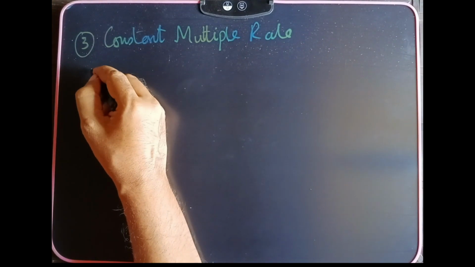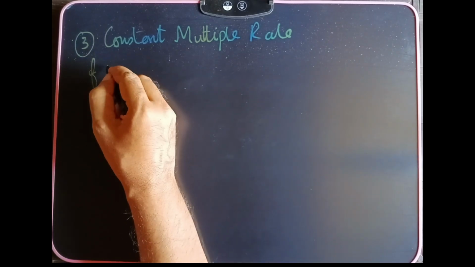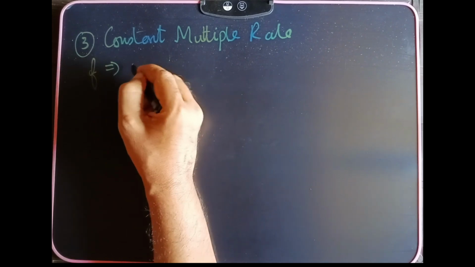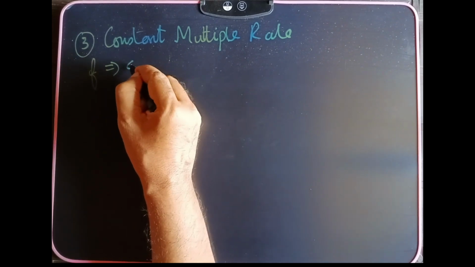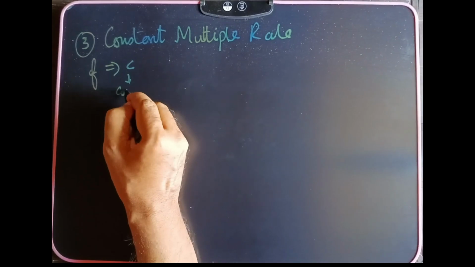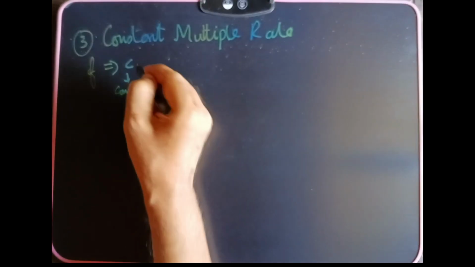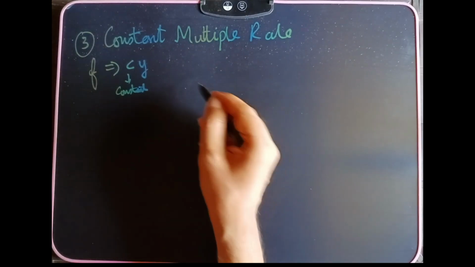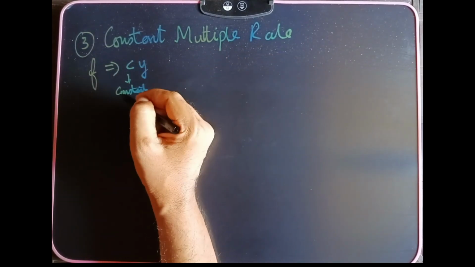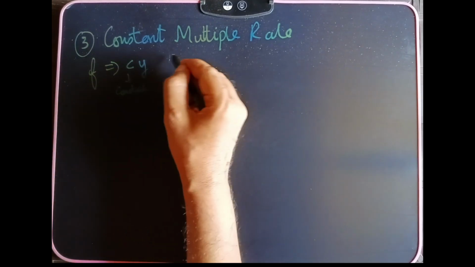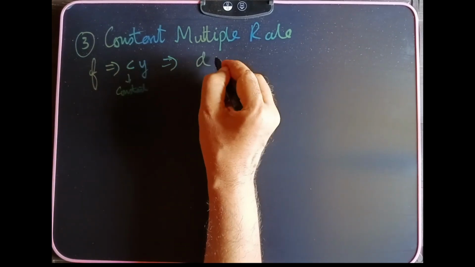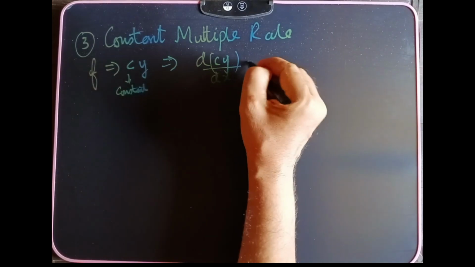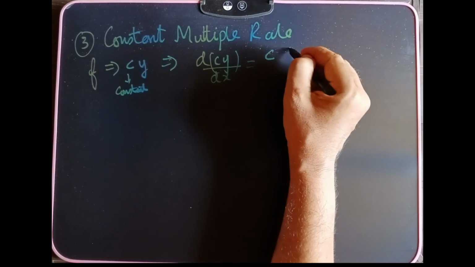You have a function defined as a constant times y. Here the constant is multiplied by a variable. The derivative of cy with respect to x will be equal to c times dy by dx.